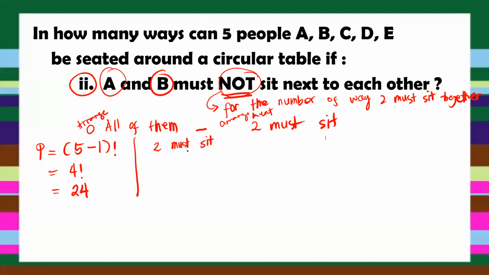So kapag kinuha natin yung 2 must sit together, di ba ang gagawin natin dyan? We will consider the 2 as 1. Si A at si B as 1 sila. Tulad ng ginawa natin kanina. Then si C, D, at si E ay as 1 each. So kapag binilang natin yan, we have 1, 2, 3, 4. So that's 4 minus 1 factorial.